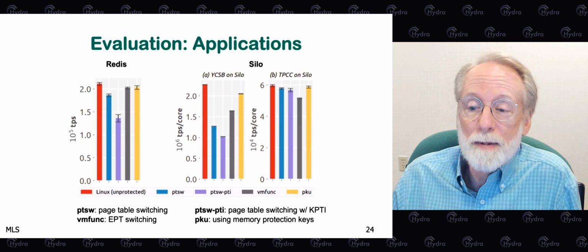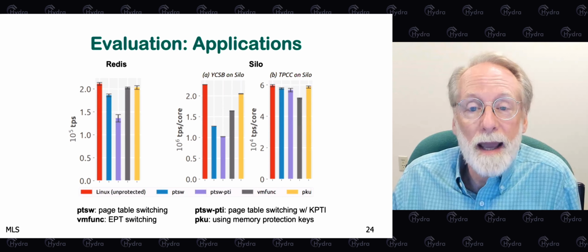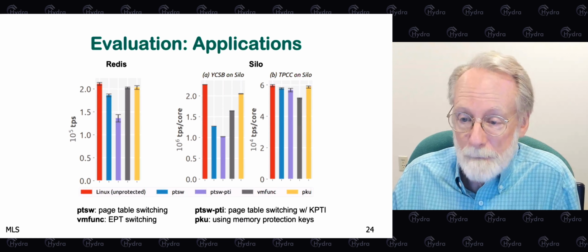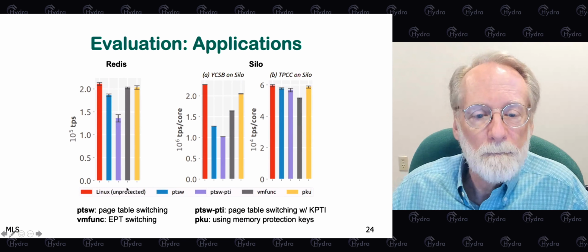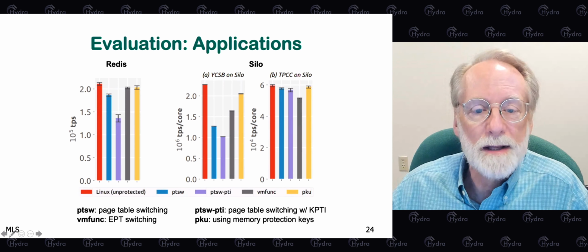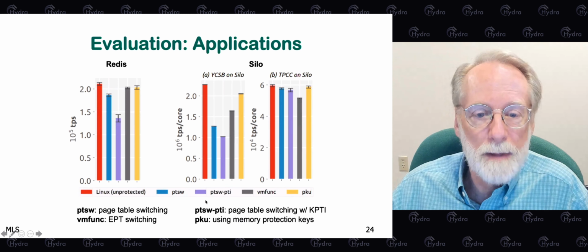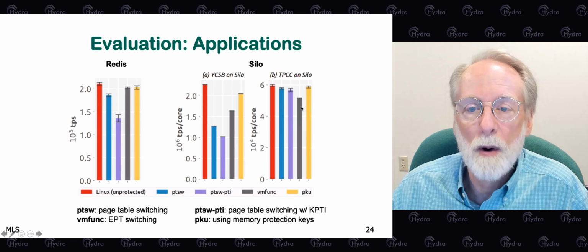Hodor comes within 90% of that on YCSB and within 98% of it on TPCC. And again, the other alternatives are somewhat slower, particularly on Silo with YCSB. The page table switching and VM function options are noticeably slower than we get with Hodor.